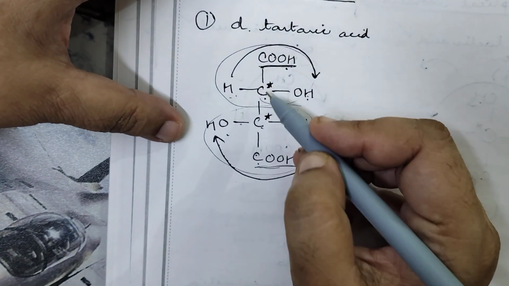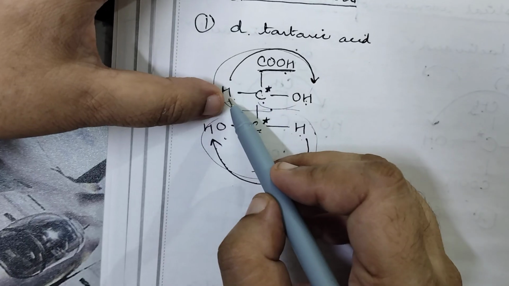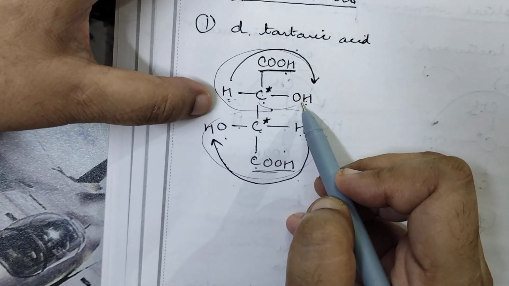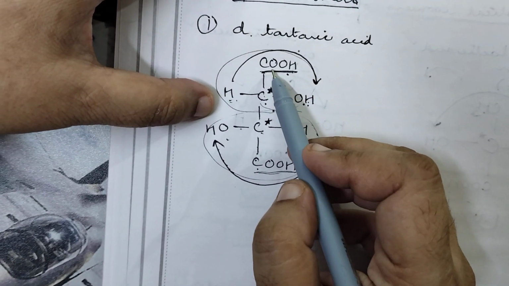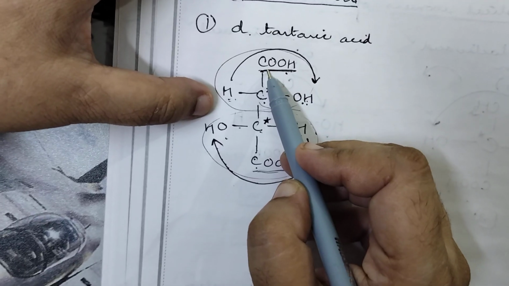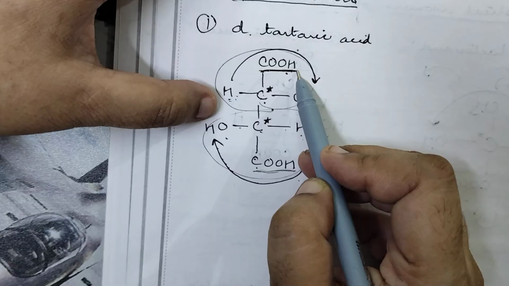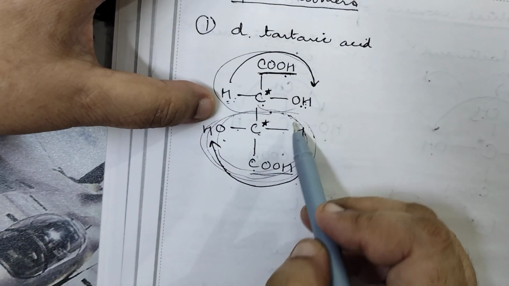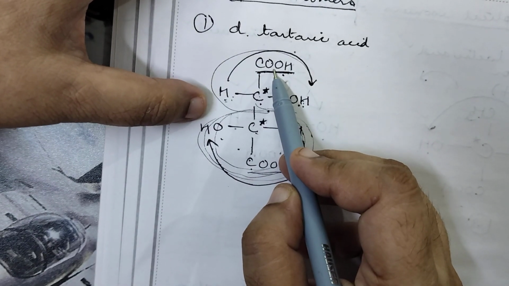For both the carbons you have to show the rotation. And how is rotation shown? A hydrogen to hydroxyl arrow is to be made, and you will make the arrow in such a way that it is going from the side which is lower in molecular mass. H to OH, one group is COOH attached here and one group is this whole big group. So obviously this will have a greater molecular mass and COOH will have a lower molecular mass.